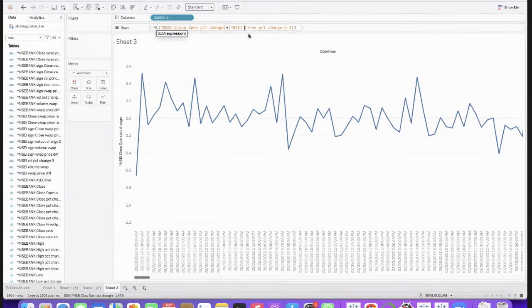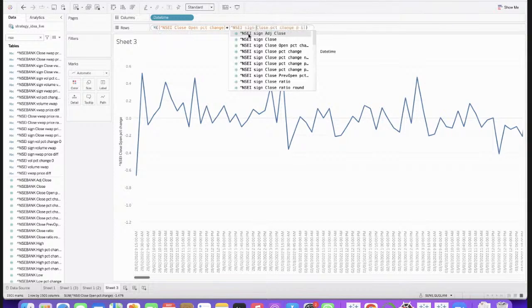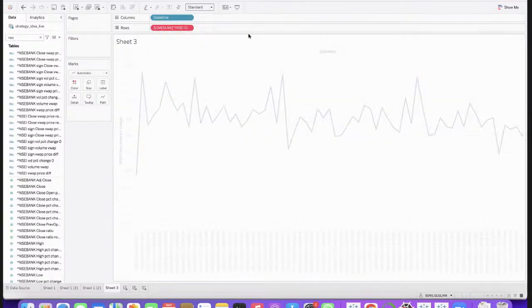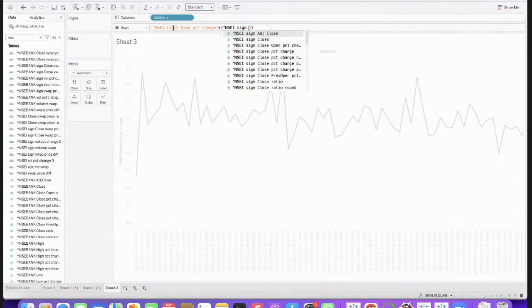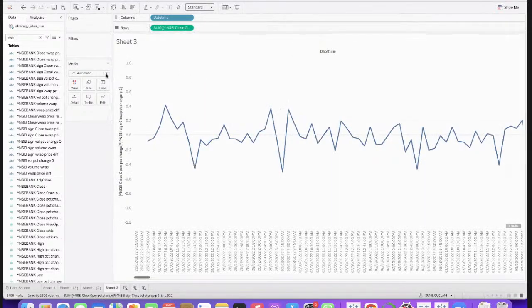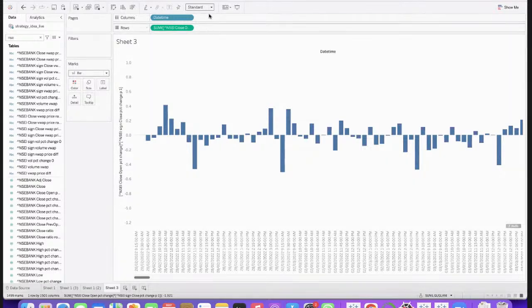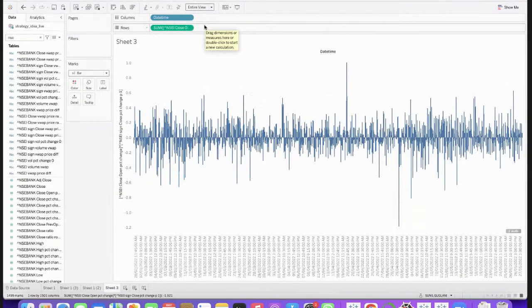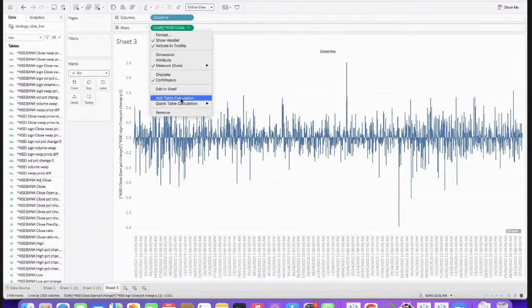Again, I will use the sign here. Let me draw the cumulative percentage change here.